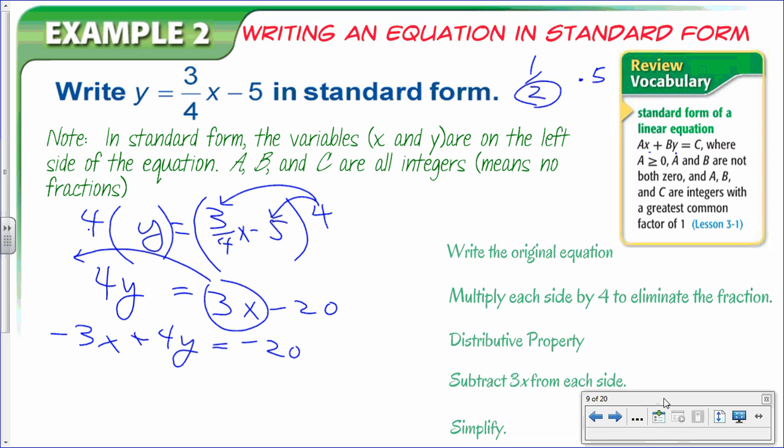Seth? Because it's negative 3. Because the A in front of the X is negative. What did we say earlier? A cannot be what? It has to be greater than 0. Very good. How do I change that then? Well, a couple different things I could do. I could go back and go the other way, or I could do what?